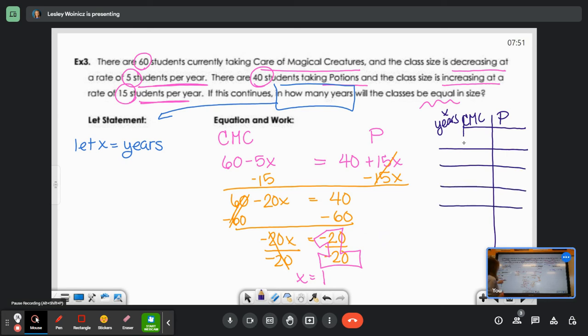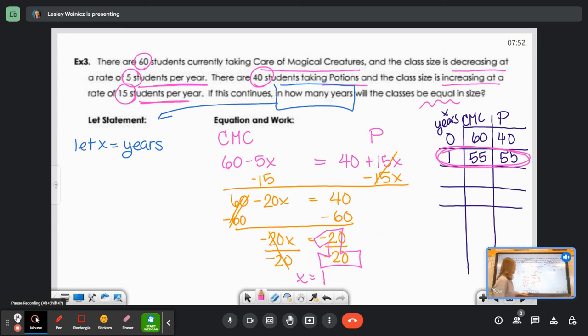At 0 years, Care of Magical Creatures has 60 kids and Potions has 40. 1 year later, we lose 5 from Care of Magical Creatures, so it goes from 60 to 55. We gain 15 in Potions, so 40 plus 15, that's 55. So what we're looking for is when they have the same number of students at the same time. That's why we got 1.